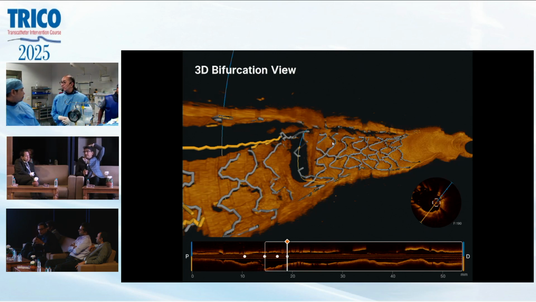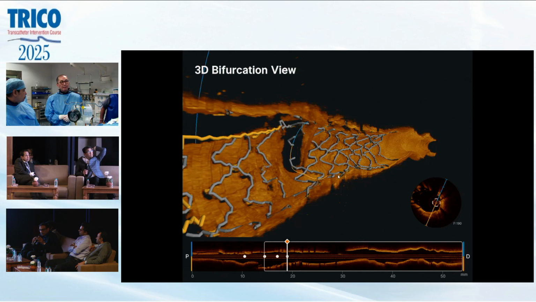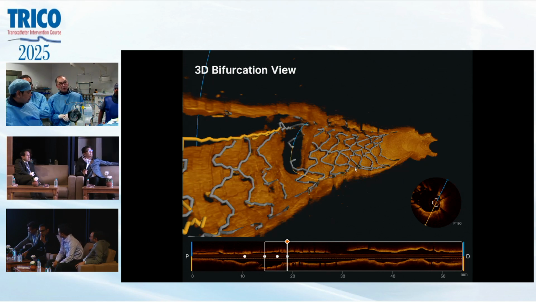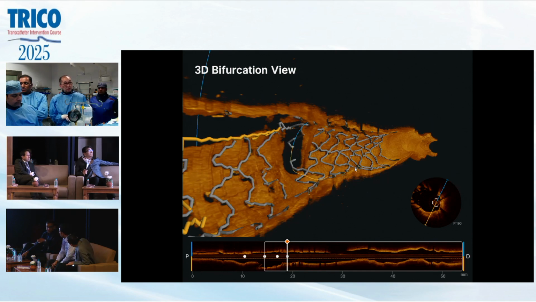So would you like to pull out the jailed wire and then do a re-POT? Sometimes we can push the strut away if you keep the marker 0.5 mm distal. I think with more instruments here, you probably create more damage. If I do another POT, I might shift more of the stent link. So I'm not 100% sure I want to do that. I think that's perfectly all right.